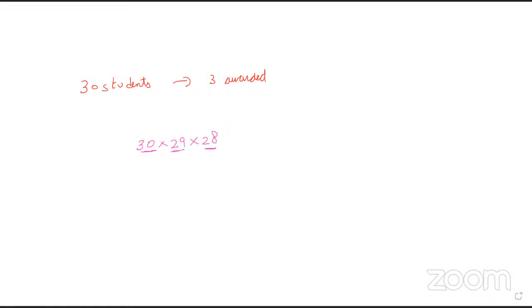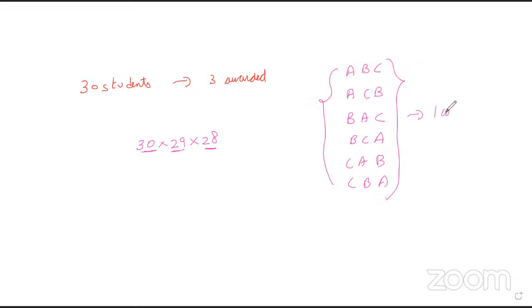For the third, 28. Now I know that order doesn't matter. So I know that the cases ABC, ACB, BAC, BCA, and so on, these 6 cases comprise only one case, right?